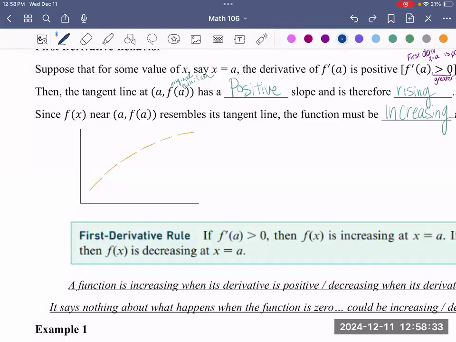This is f of x. This is rising, given that we have some coordinate a, f of a.